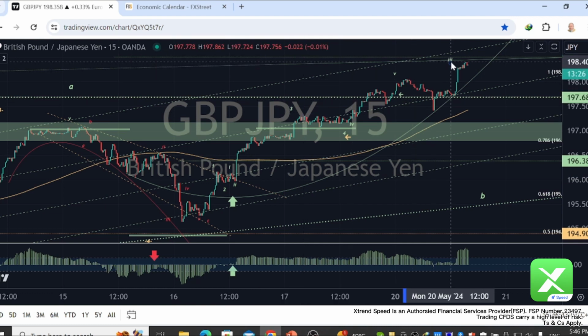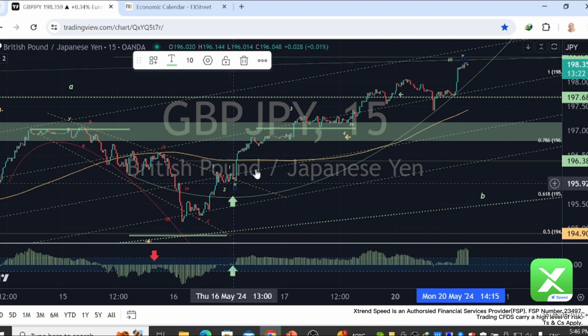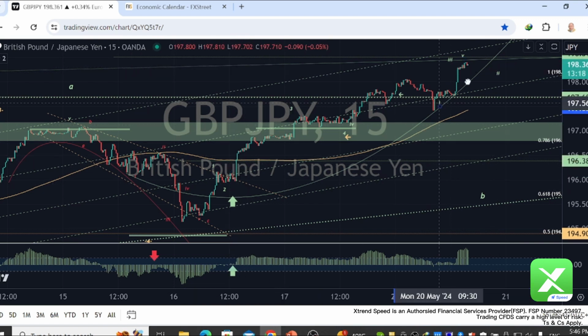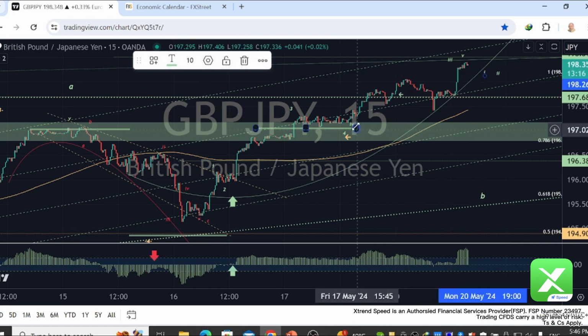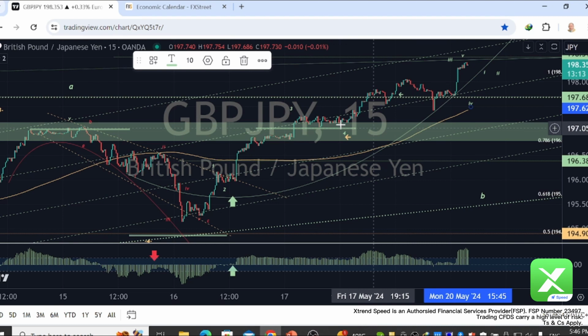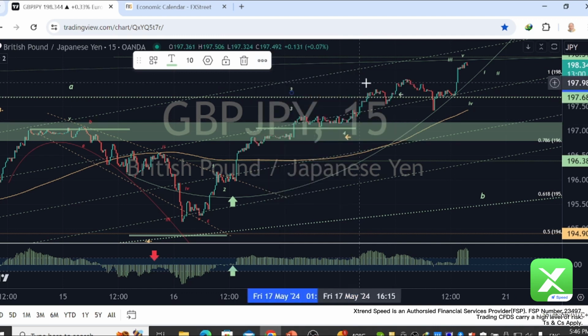I don't believe we need these, we need them further on. We had a 1 and a 2, 3, 4, and a 5, so we now have a wave, another round up in 5.